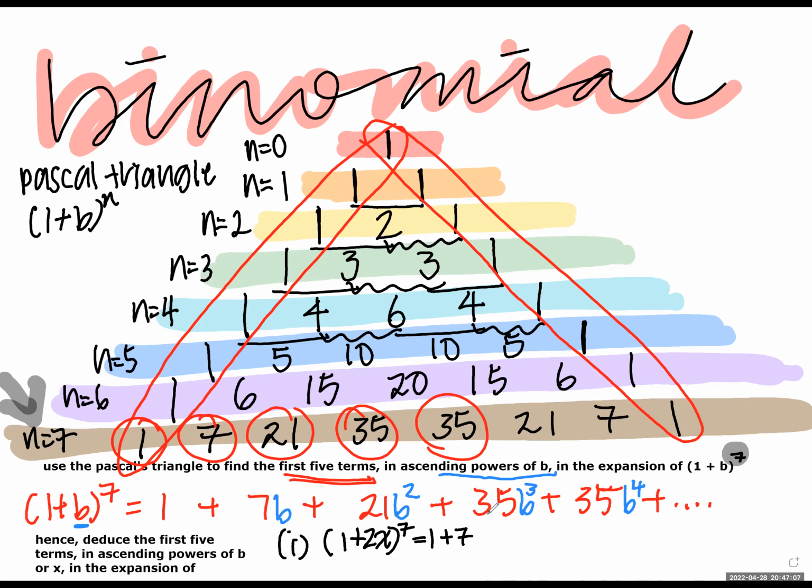Open bracket 2x close bracket, plus 21 open bracket 2x close bracket squared, plus 35 open bracket 2x close bracket cubed, plus 35 open bracket 2x close bracket to the power of 4, plus dot dot dot.